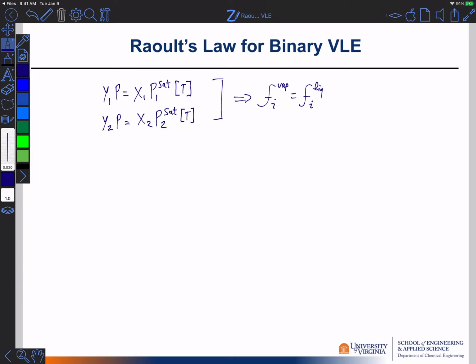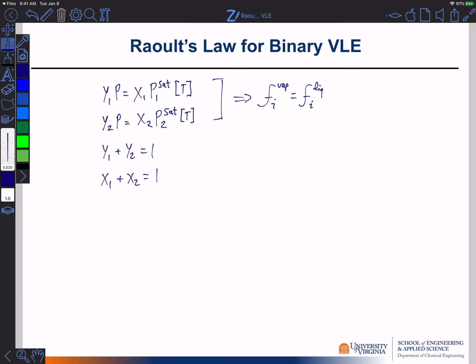And so we can do a material balance on each one of those phases, and we recognize that y1 plus y2 had better equal unity, and x1 plus x2 had better equal unity as well. One of the more simple material balances we can do, but we know that those two material balances have to govern everything because the mole fractions need to sum to unity within a particular phase.